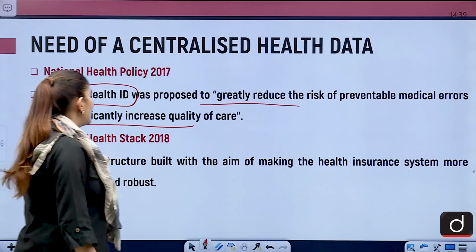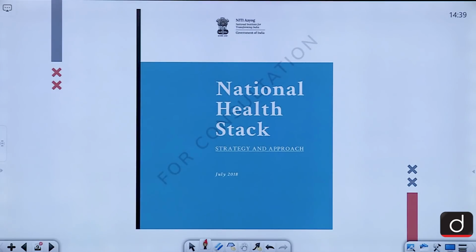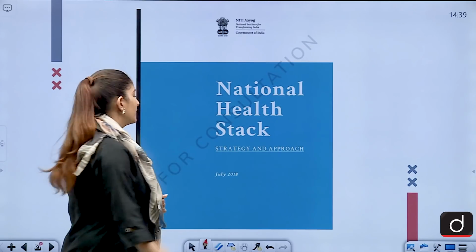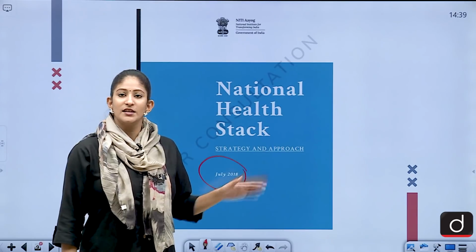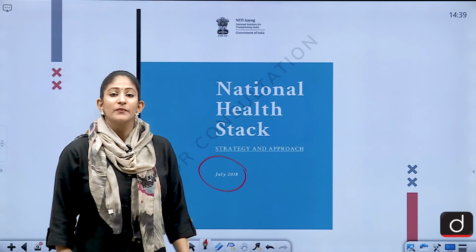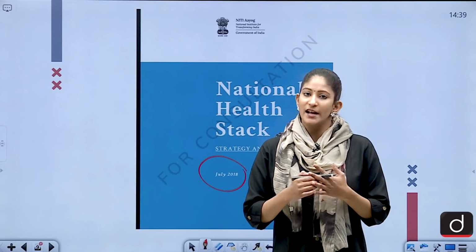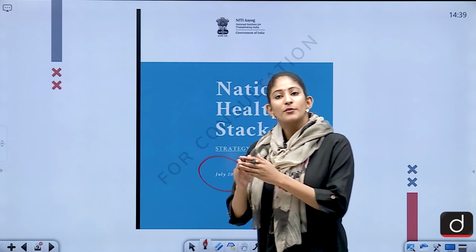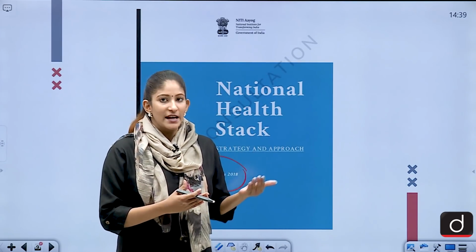And after that, a National Health Stack was also floated by the think tank Niti Aayog in the year 2018. After the National Health Policy of 2017, we come to the National Health Stack. Now, what did it want to do? It wanted to digitize the health records and provide proper guidance to the insurance agencies.